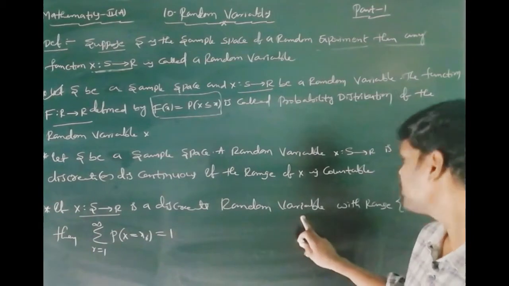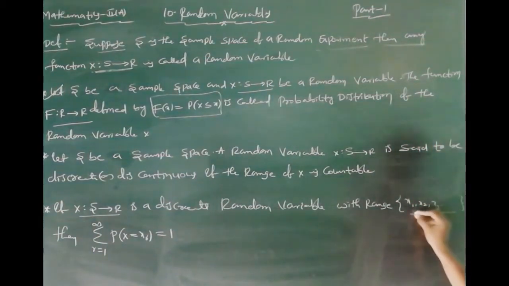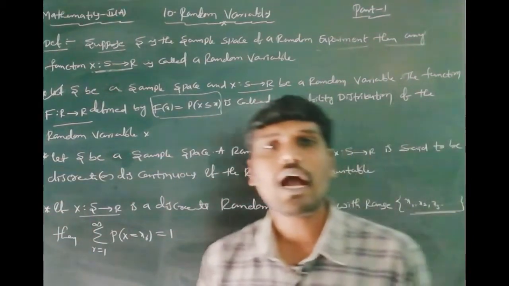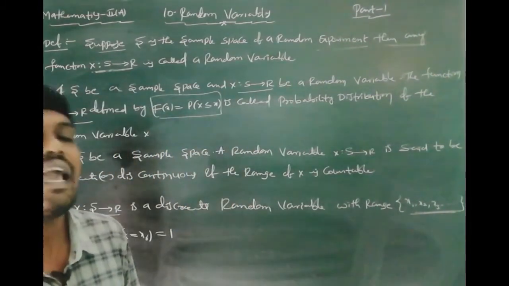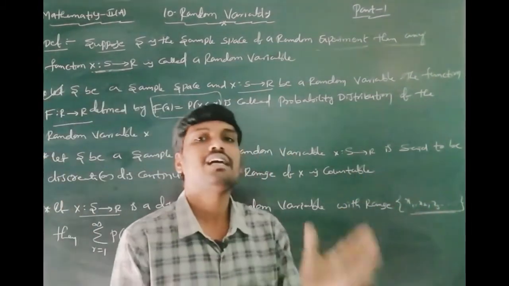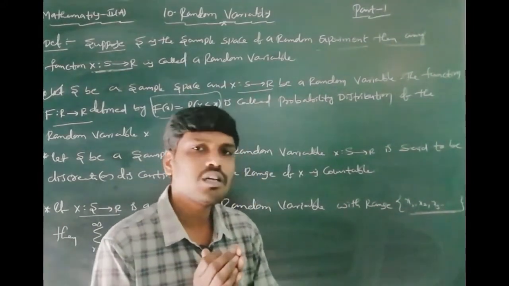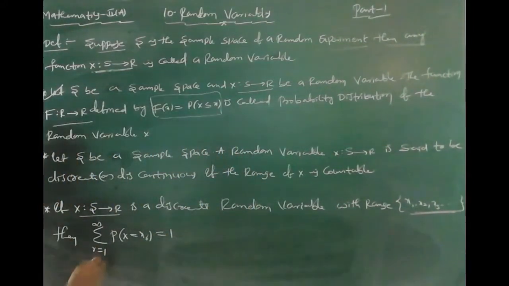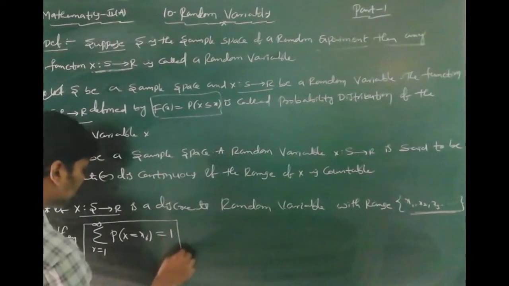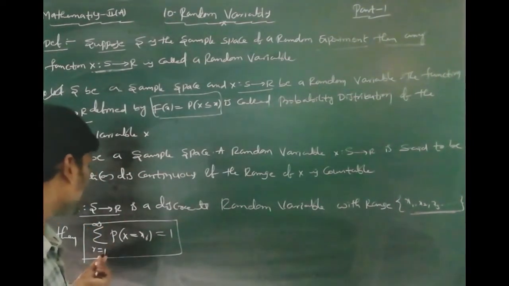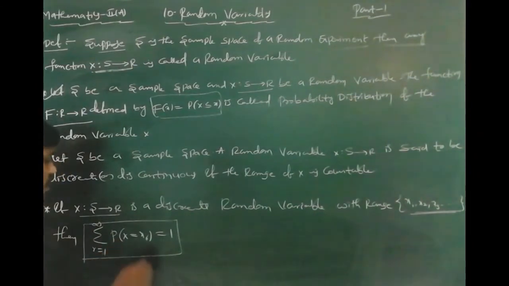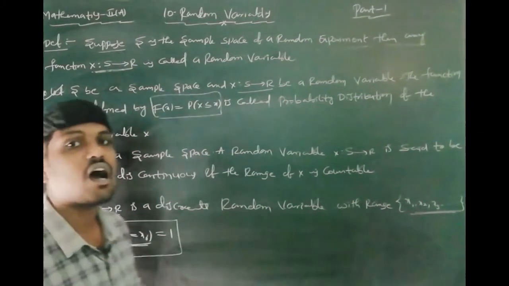A discrete random variable with range x1, x2, x3 and so on up to xn, where xn is also countable and not infinity. Then the summation of r equal to 1 to infinity of p of X equal to xr.